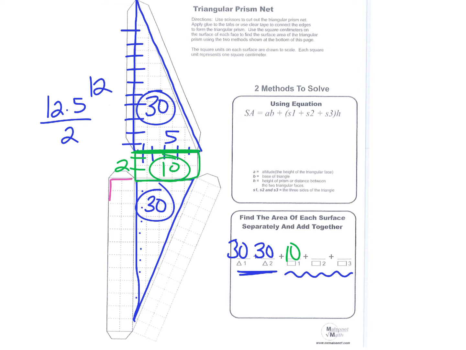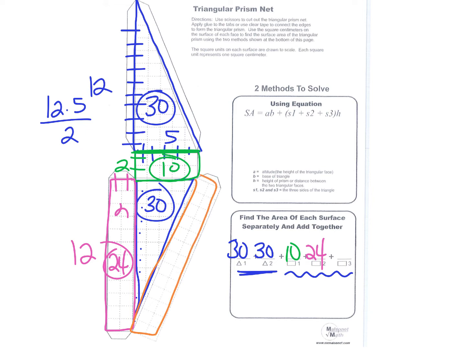My second rectangle is this one here. I know its edges are 12 by 2, and 12 times 2 is 24. So I have 24 there. And my last rectangle, 1, 2, 3, 4, 5, 6, 7, 8, 9, 10, 11, 12, 13 by 2, which is 26 and 26.